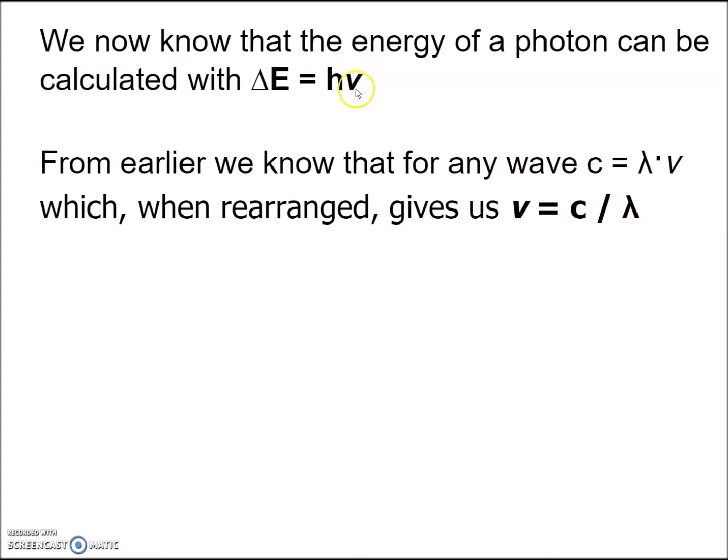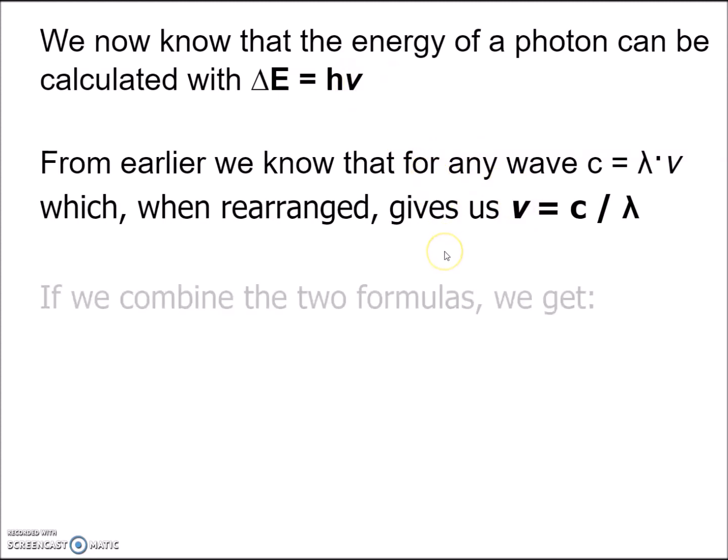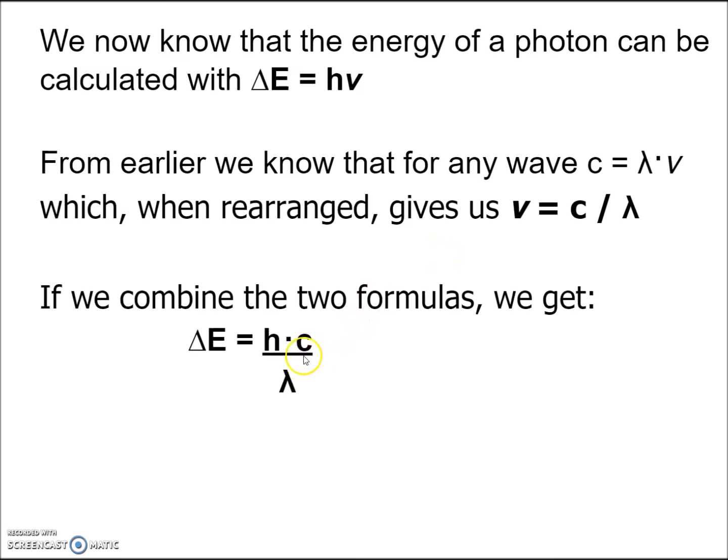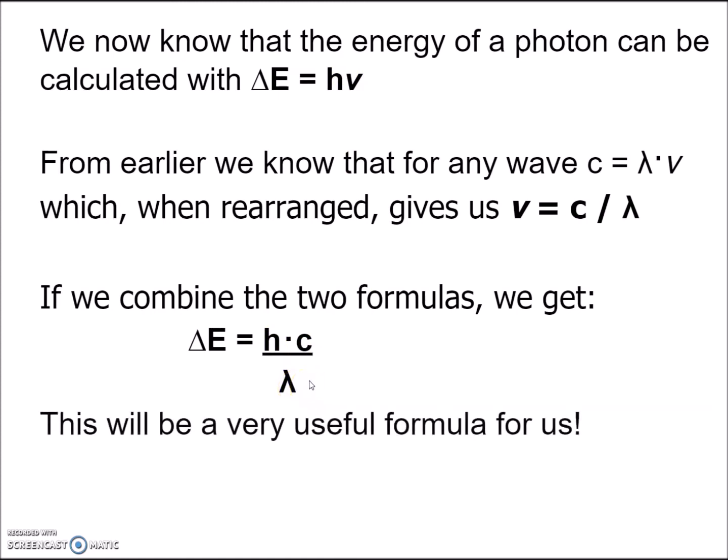In Planck's equation, you also see frequency, or the Greek letter nu. Frequency, frequency. Let's plug one of those equations into the other. We'll combine them together. If you plug in c over lambda, where nu is in Planck's equation, you get h times c over lambda. This formula is really useful, and it's going to help us calculate all kinds of things.